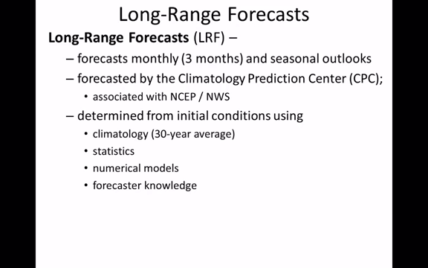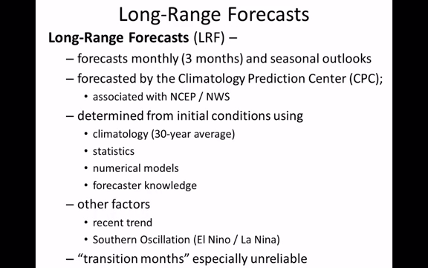What scientists do to come up with these long-range forecasts for a three-month chunk at a time is they use climatological data, and they also use computers. It's not straight climatological data, it's tweaked and massaged.